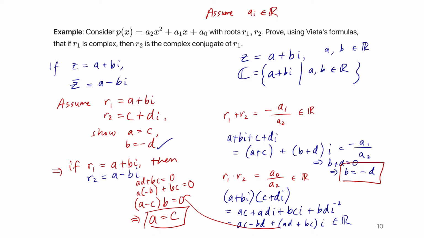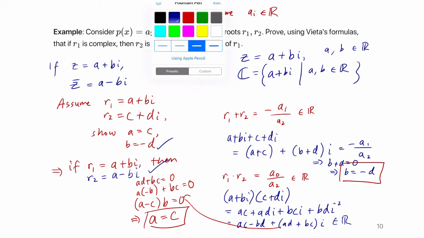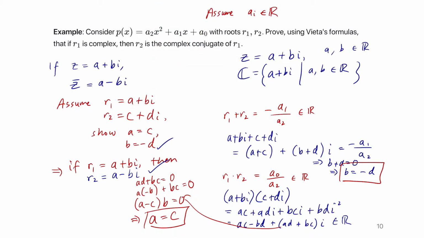Because the conjugate of A plus BI is A minus BI. And so we're done. Is this clear? There's probably other ways to prove this that are more straightforward. But again, the point of this is to illustrate the fact that you can do this with Vieta's formulas.